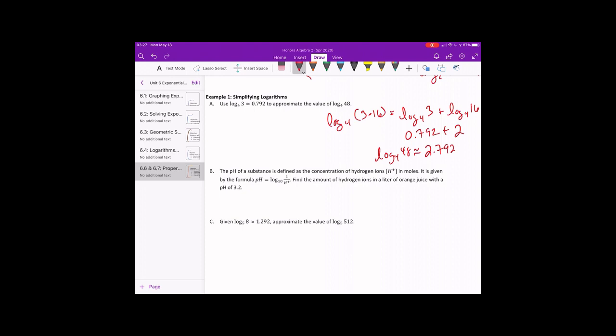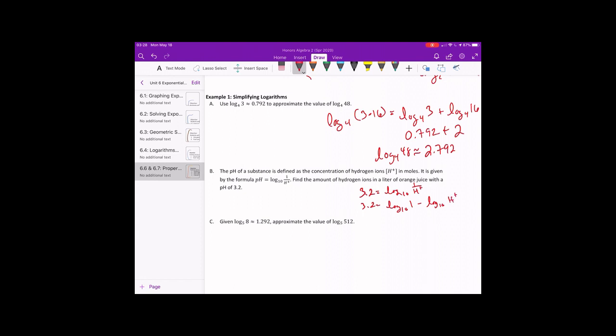And so we're going to plug this in and then simplify. So we're going to get 3.2 is equal to log base 10 of 1 over H positive, right? And so this is our quotient property. So I'm going to get log base 10 of 1 minus log base 10 of H positive.